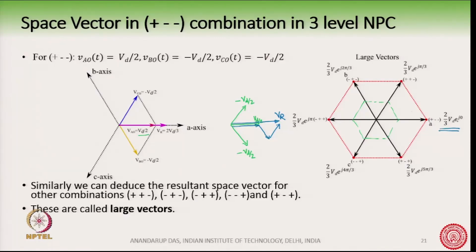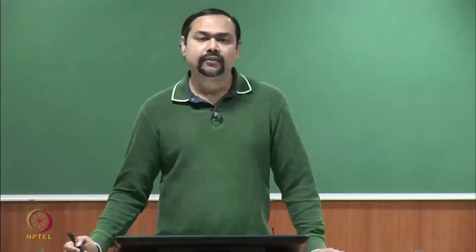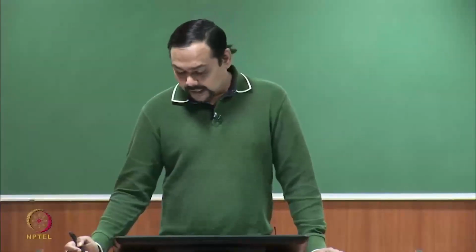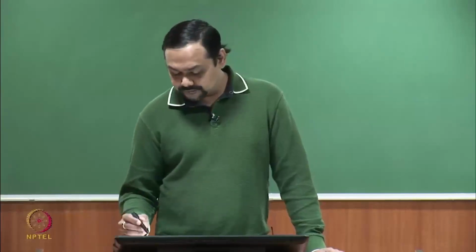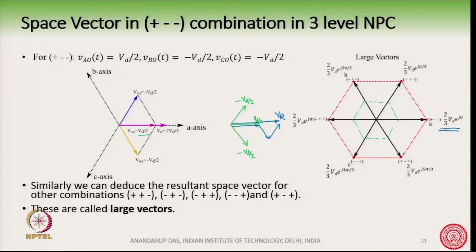Okay. 2/3 Vd, of course, at 0 degree, 60 degree, 120 degree, 180 degree, 240 degree and 300 degrees. Okay. So, these are called the large vectors. And these vectors form the boundary of the outer hexagon.